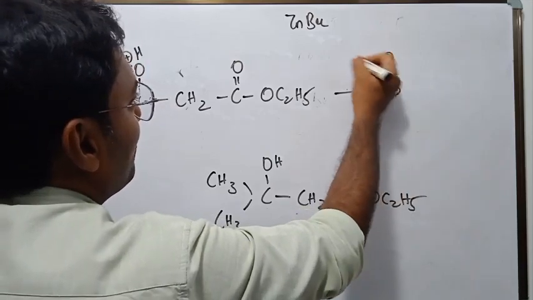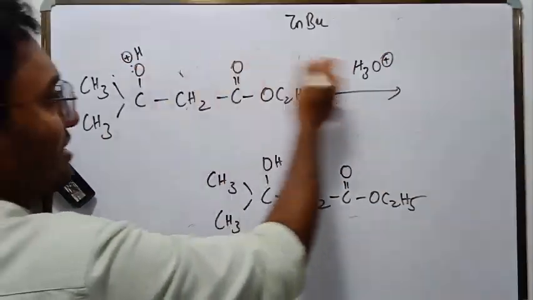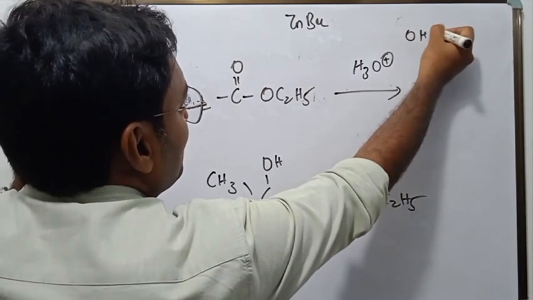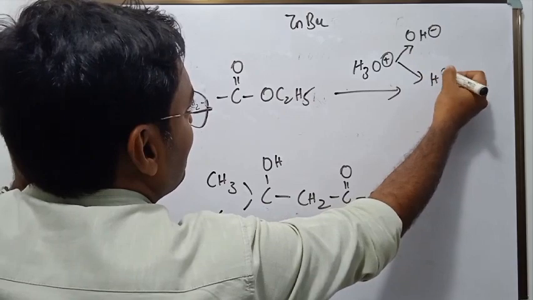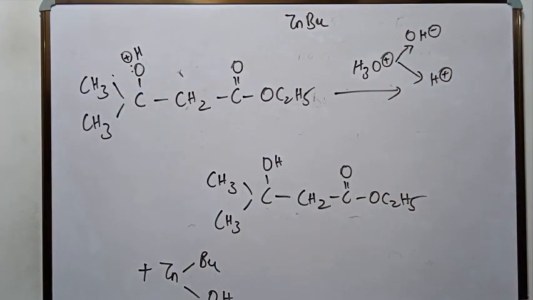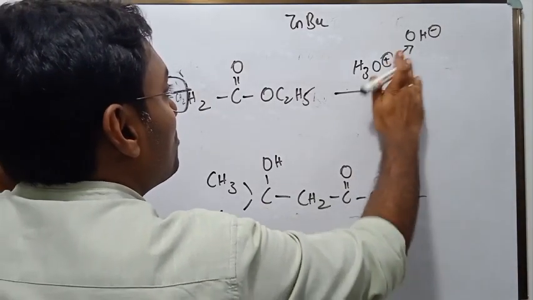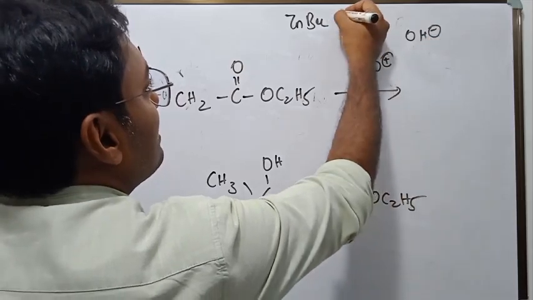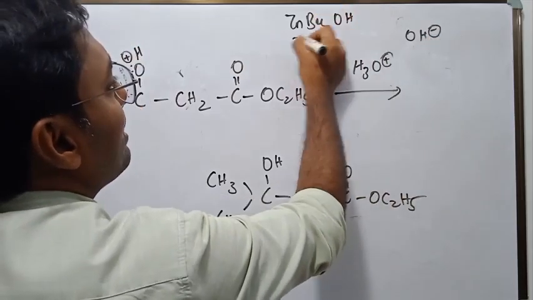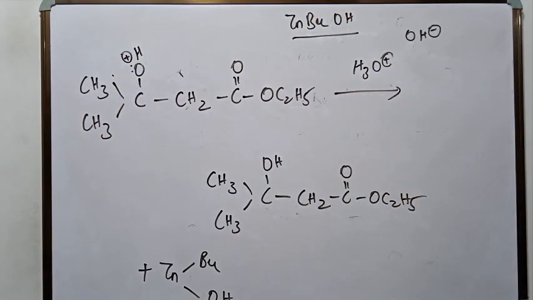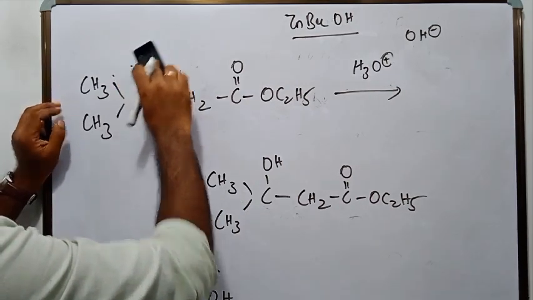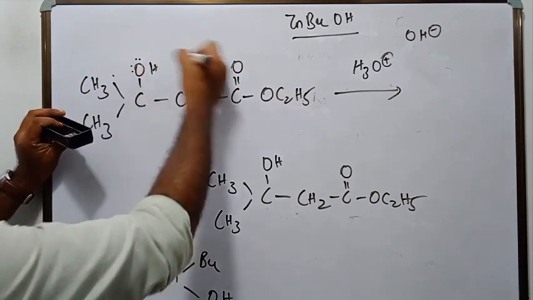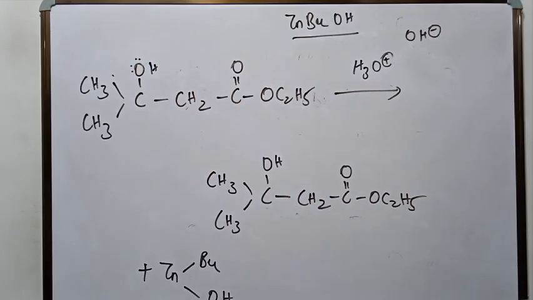One H plus has reacted here. There is one OH minus also. Right. So what happens when there is OH minus also? So that OH minus can come here and become ZnBrOH. When ZnBr goes from here, the positive sign also goes, and this one results. Right, that is what happens in acidic hydrolysis.